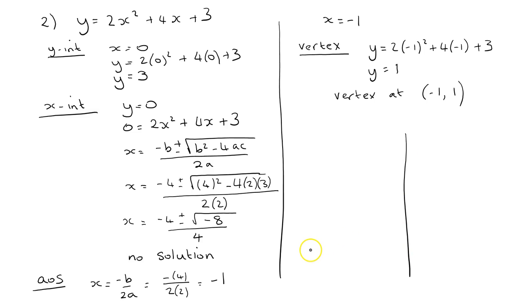I'm going to put my x-axis down very low because I know that we had no solution, so the parabola is not actually going to cross the axis. So we've got a y-intercept of y is equal to 3, no x-intercepts, an axis of symmetry of x is equal to minus 1, and our vertex at minus 1, 1.